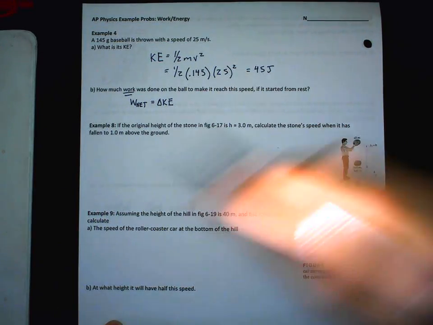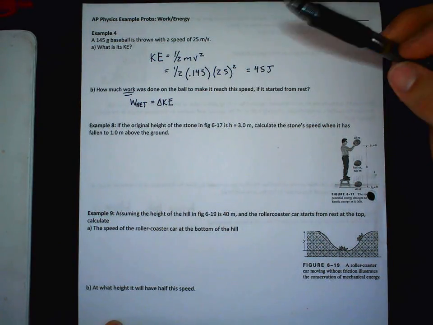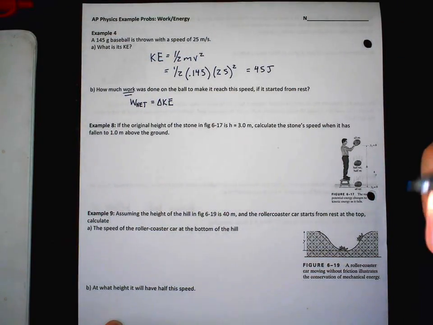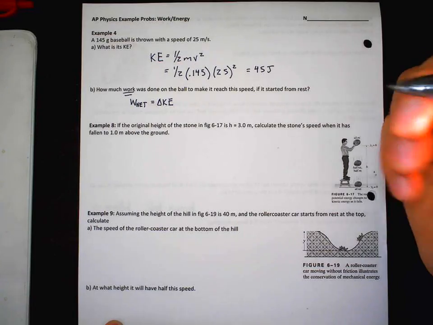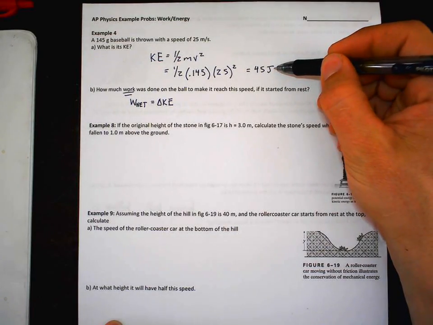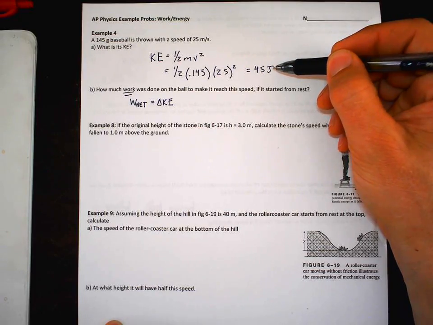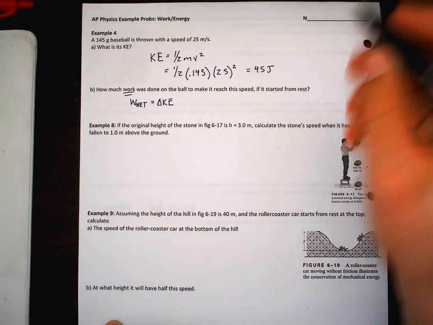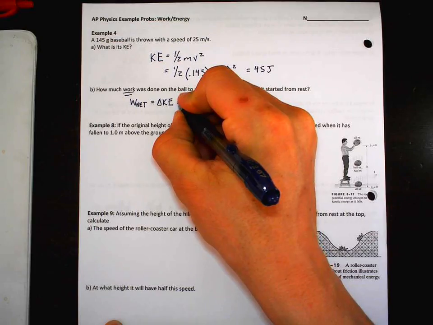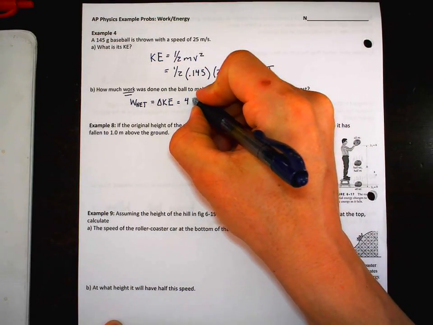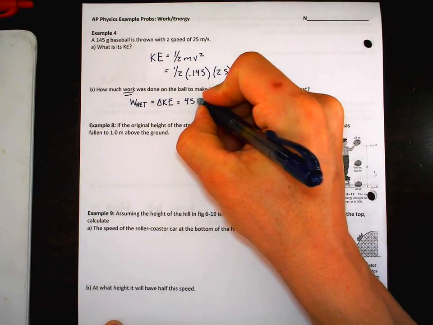So if we take the final kinetic energy and we subtract the initial, we get the net work. So this is a super easy problem because here's the final kinetic energy. The initial kinetic energy is 0 because it started from rest. So we're going to just say the change in kinetic energy is 45 joules. And that's all we have to do.